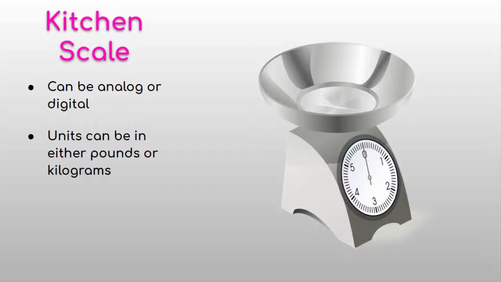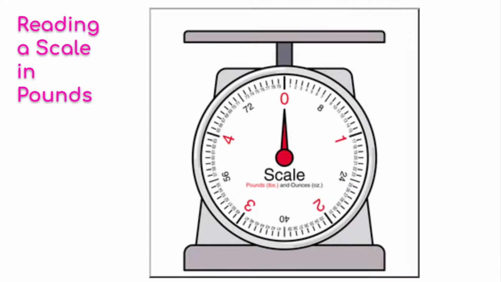A kitchen scale can weigh either in pounds or in kilograms. For a scale whose units are in pounds, it usually has larger demarcations that represent pounds and smaller tick marks for ounces. 1 pound has 16 ounces, so for each pound you will see 16 ticks for ounces in between.